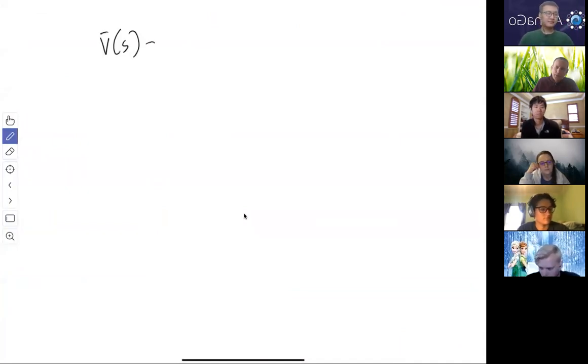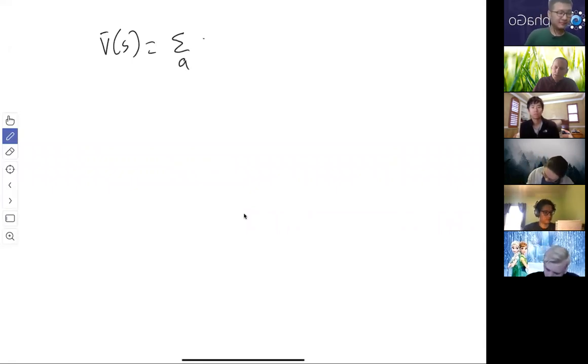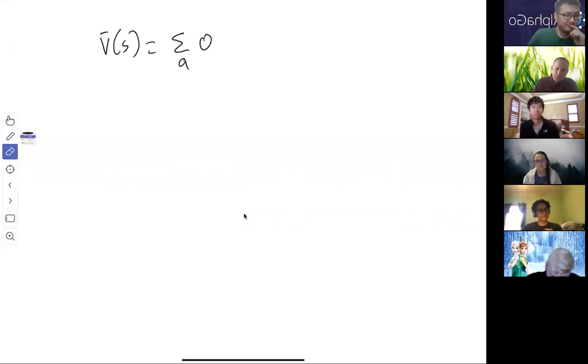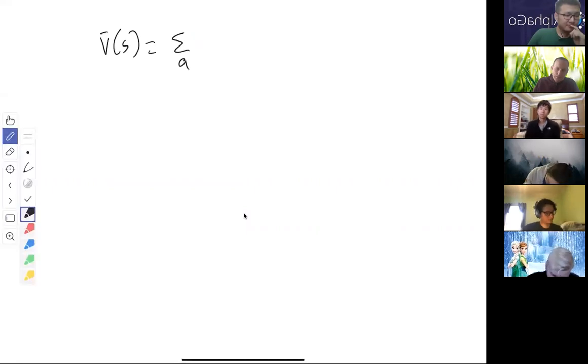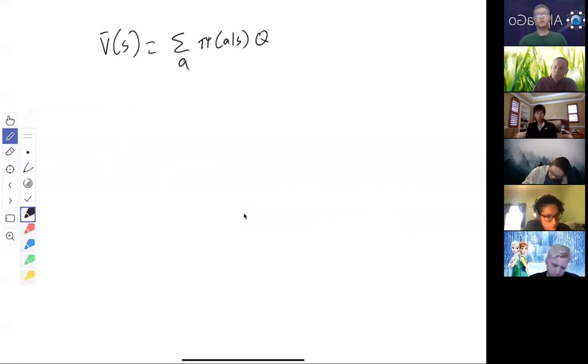V bar is going to be the summation for actions of pi of A given S times Q of S, A. So a lot of times we may be estimating V without having any associated Q, right? So we've certainly done that in the past where we're estimating state values. In this case, we are estimating action values.